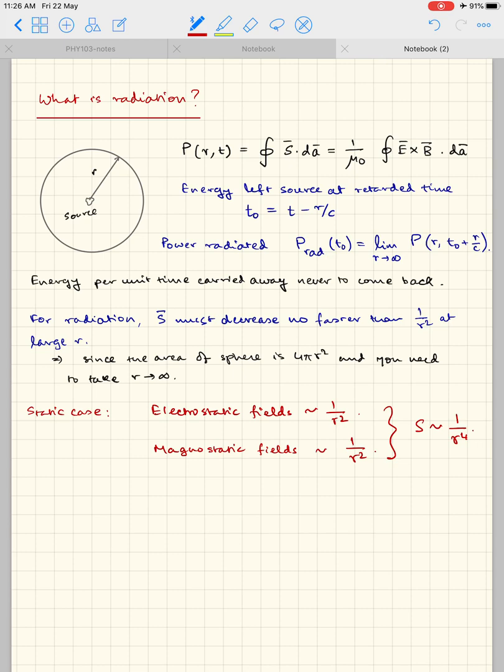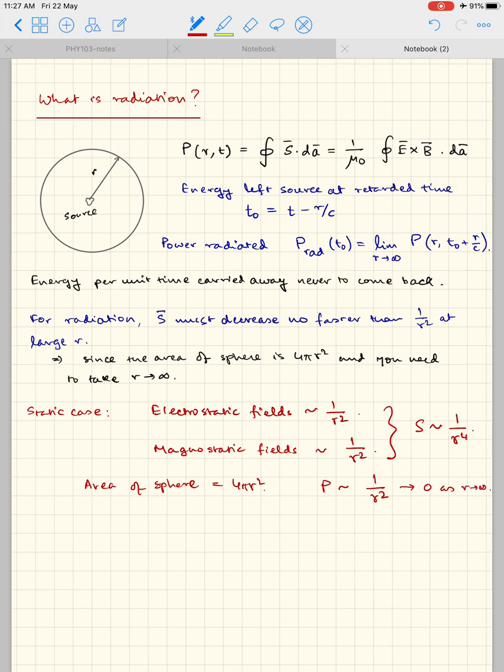Now the area of the sphere, as you know, is 4 pi r squared. This is the thing that we just saw. And therefore, the integral P goes as 1 over r squared. So this goes to 0 as r goes to infinity.